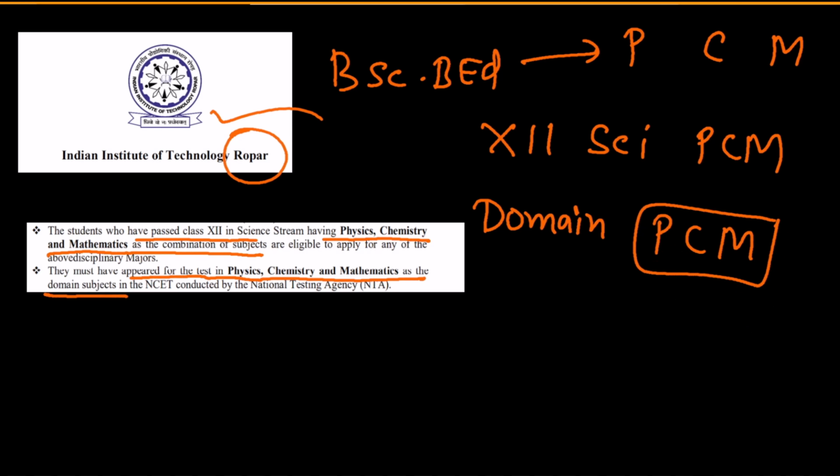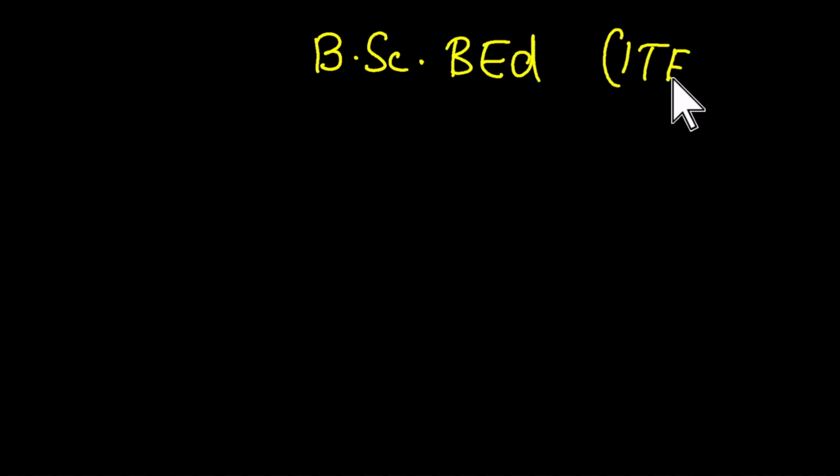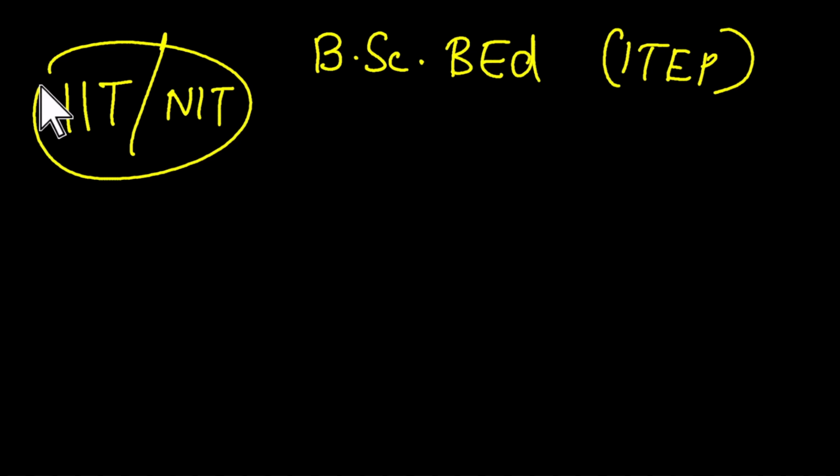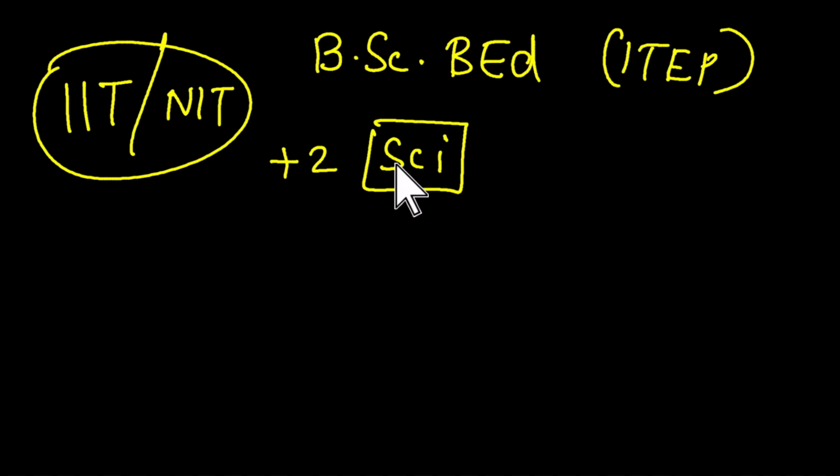Okay, so once and for all, listen carefully. If you want to do BSc B.Ed, that is ITEP course from IIT, or same qualification will be required even for NIT. For IIT and NIT, one thing which we have understood is that in plus 2 you should have done your science. That means after 10th you should be a science student. And among science students maybe there are a lot of varieties, na?